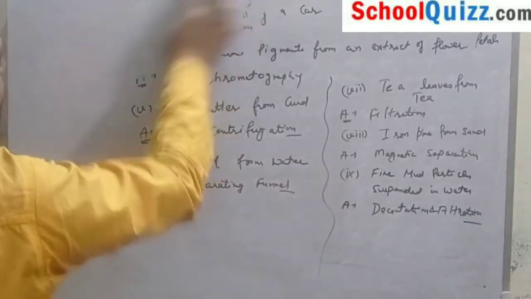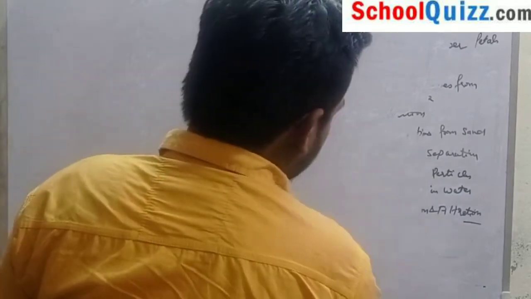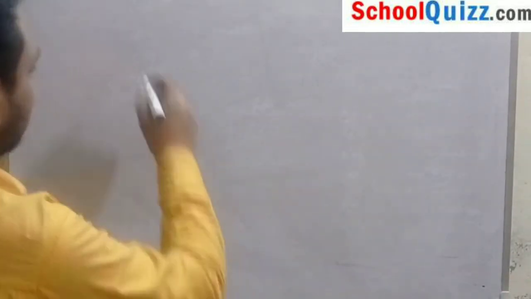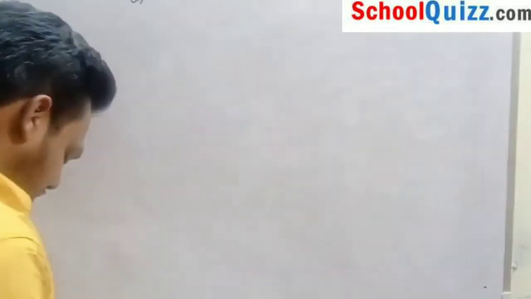Now we will move to our question number 2. Question number 2 is, write the steps you would use for making tea. Very normal, very general question.